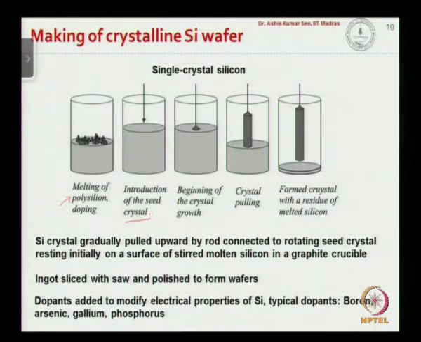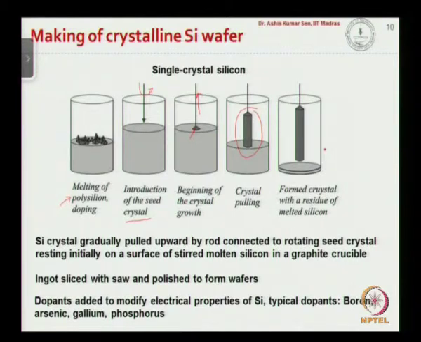This seed crystal touches the surface of the molten polysilicon and rotates while being gradually pulled upwards. As it is pulled up, the molten polysilicon bonds to the seed crystal and grows on it, and finally we get an ingot. This ingot is cooled, sliced and polished to form the wafers.